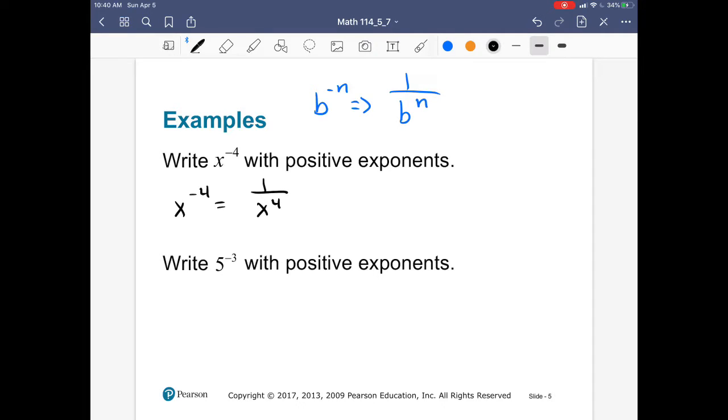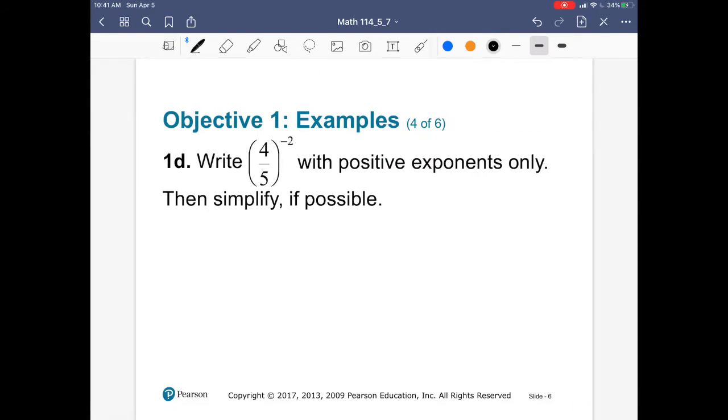Notice how the sign changed in the exponent. Similarly, we have 5 to the negative 3. This becomes 1 over 5 to the positive 3, which becomes 1 over 125. Positive exponents only when simplified if possible.